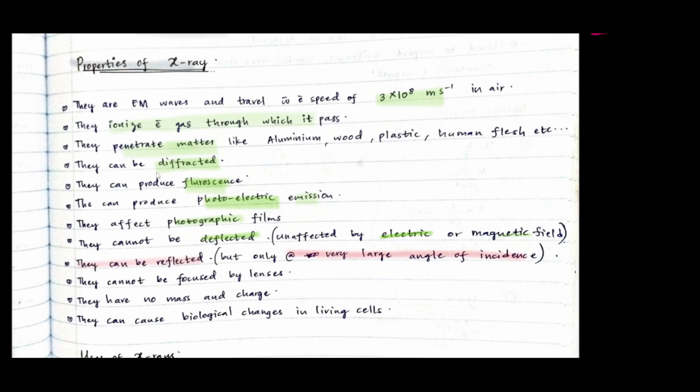The reason is when they are incident at a small angle, they will just go through or penetrate that matter without reflecting. For the same reason they cannot be focused by a lens, because they cannot be refracted at small angles. They have no mass and charge. They can cause biological changes in living cells.